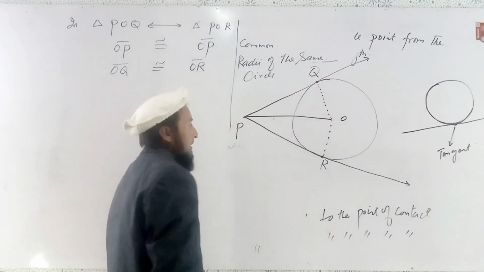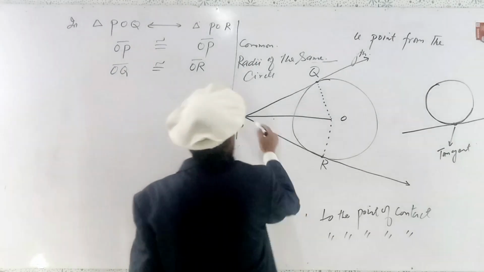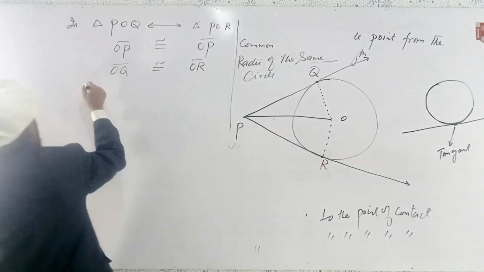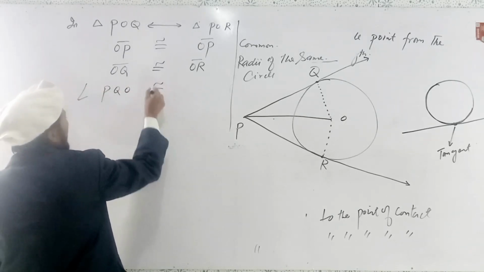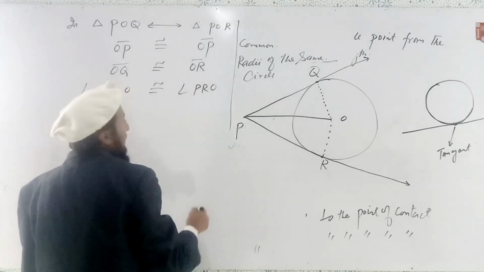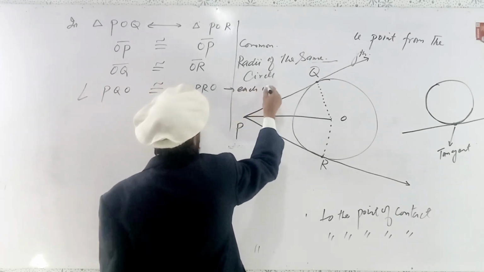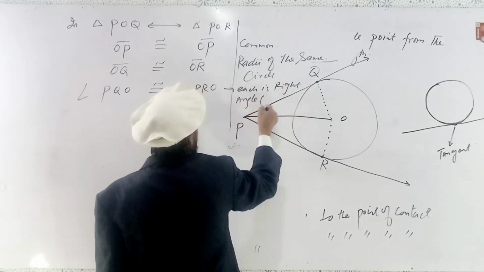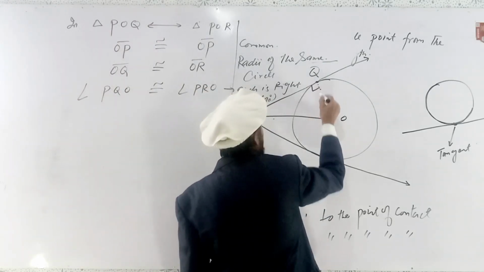And similarly, angle PQO is congruent to angle PRO. Each is a right angle, meaning that the measure is 90 degrees.